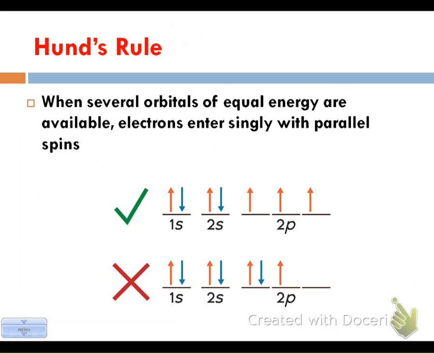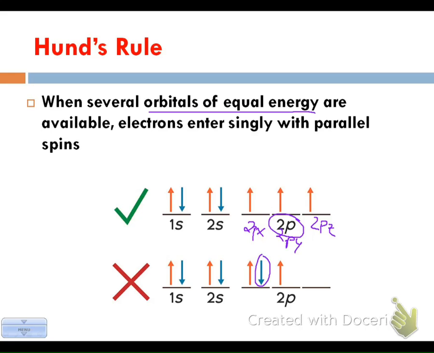So what we're talking about here with orbitals of equal energy, situations like that arise in the 2p subshell, because in the 2p subshell there are three orbitals, the 2px, the 2py, and the 2pz, and each of those three orbitals have the same energy value. So it is better to put one electron into each of those three orbitals first before you try to put a second one in.